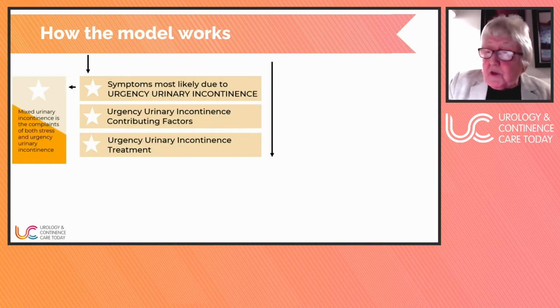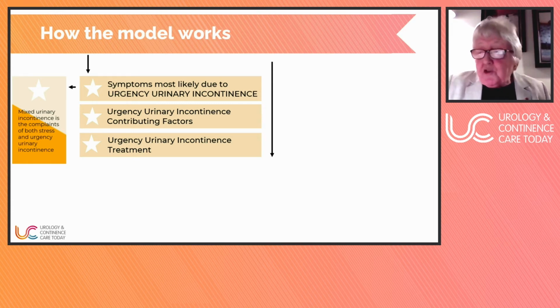Here we have the starred boxes, this time sand-coloured, giving an overview of urgency incontinence, a list of factors which may be contributing to the symptom and suggested treatment or referral. You will notice another starred box, half orange and half sand-coloured, for mixed urinary incontinence. This is relevant if you have identified stress and urgency incontinence in the same patient. Click on any of the boxes for more information.